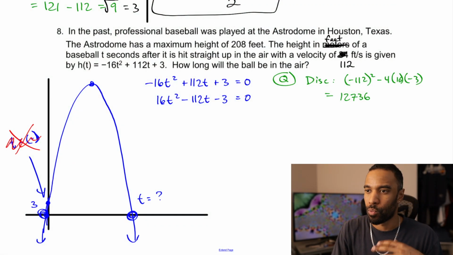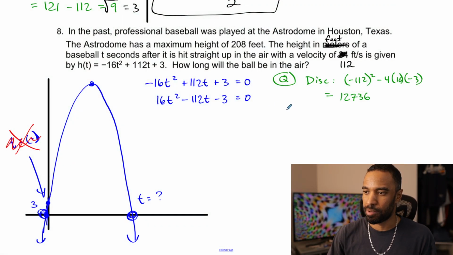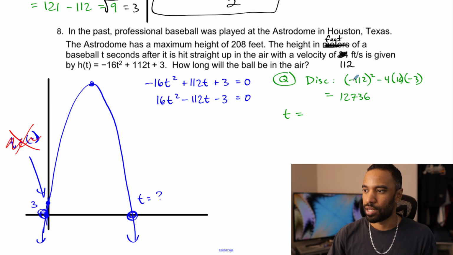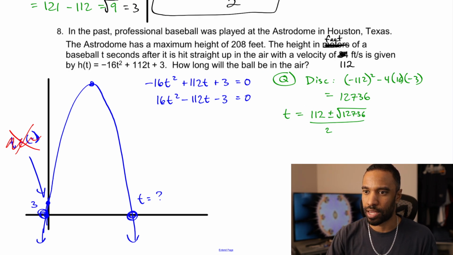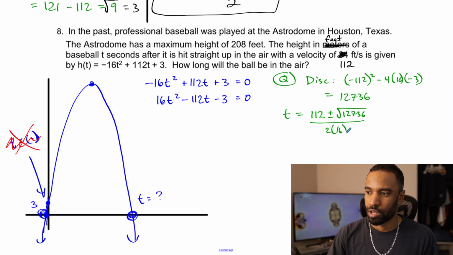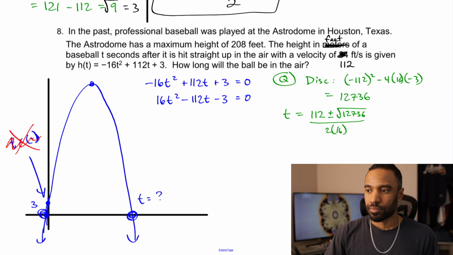So right now, when I use the quadratic formula here, t equals minus b, so positive 112, plus or minus the square root of 12736 all over 2 times 16, 2a. 2a is 16. Okay. Now here's the thing, guys.